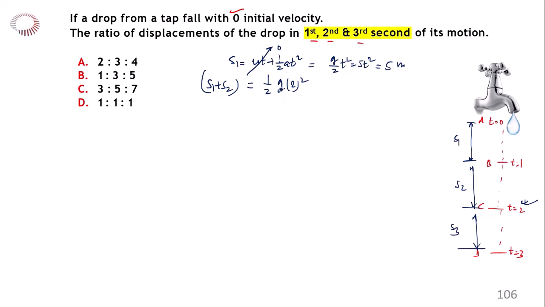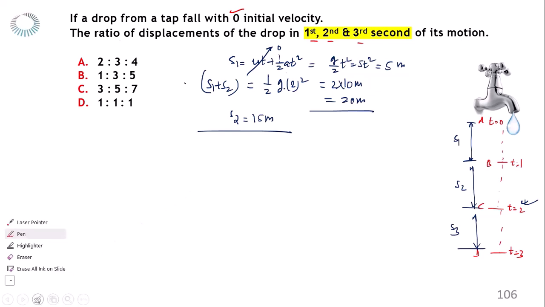So S1 plus S2 is half g into t square. t square means 4, so 2g. 2g means 10 meter into 2, 20 meter. Okay. So S1 plus S2 is 20. S1 is 5. So can I say S2 equals 15 meter?